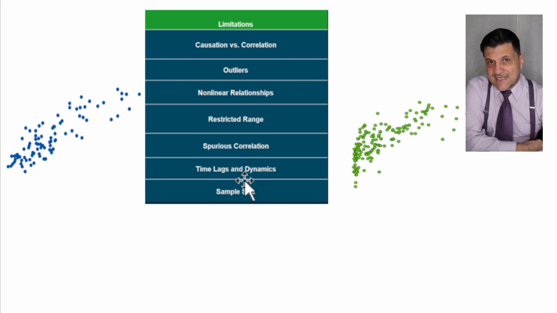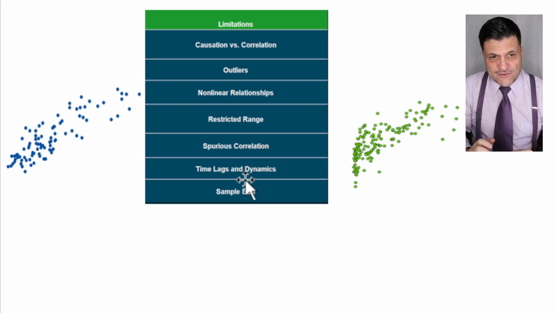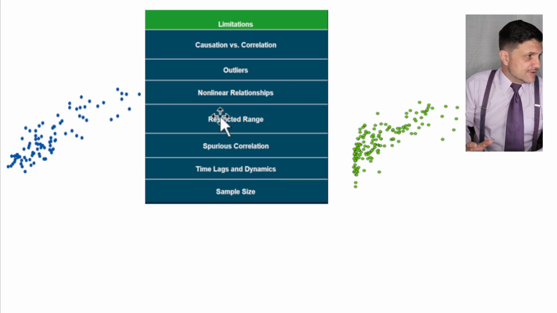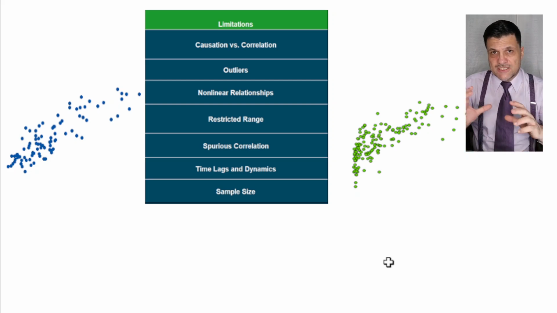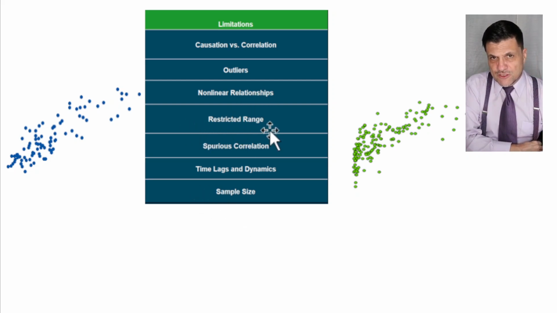Time lags and dynamics, right? The time it takes for things to adjust could have an impact on what's perceived to be correlation. And the size of the sample, obviously. The smaller the sample, that's pretty much what the restricted range is. Now, if by restricted range they mean the -1 to +1, that's not really the case. -1 to +1 is perfectly understandable.